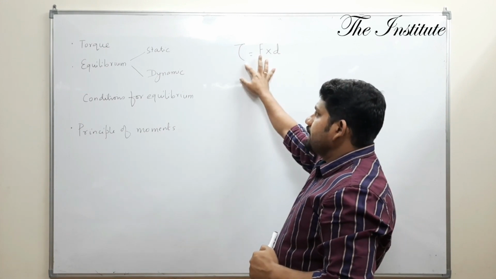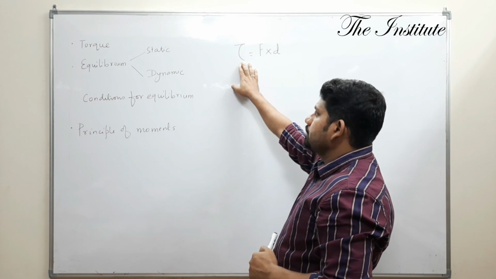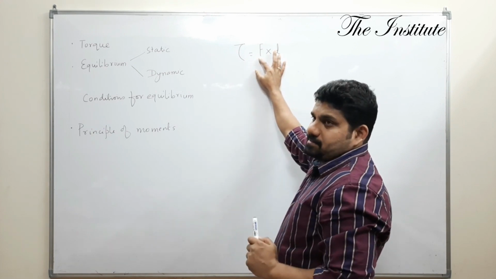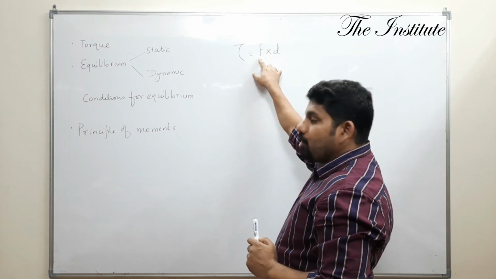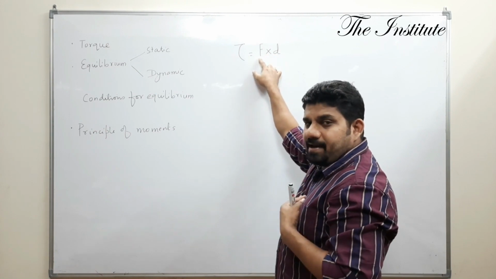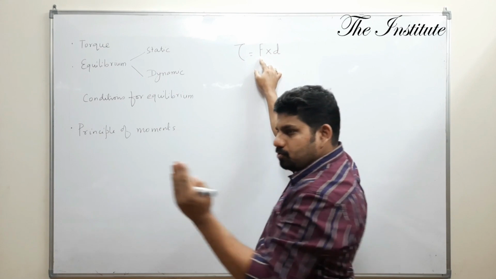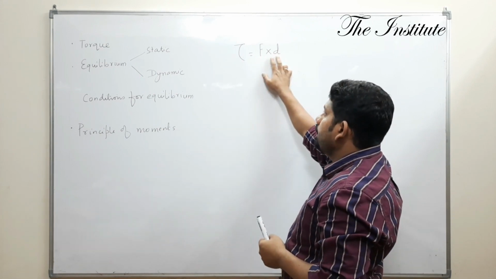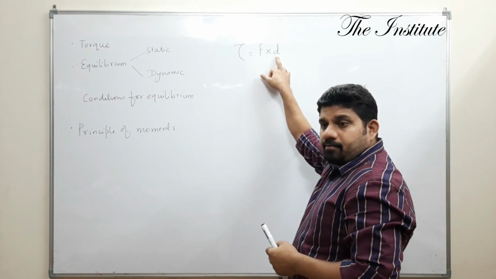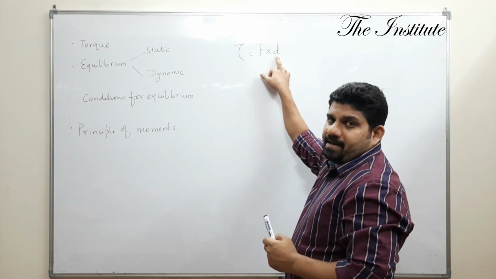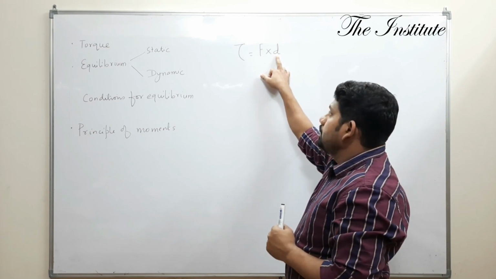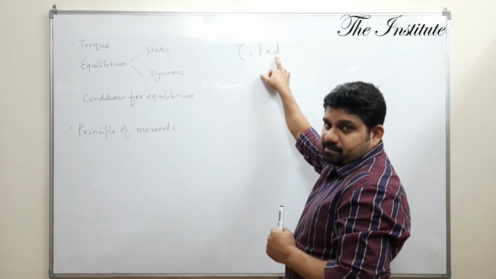So the expression tells us that torque depends on both the things. How much force are we applying in order to turn something, example a door, and where are we applying that force, the point of application of force, perpendicular distance.